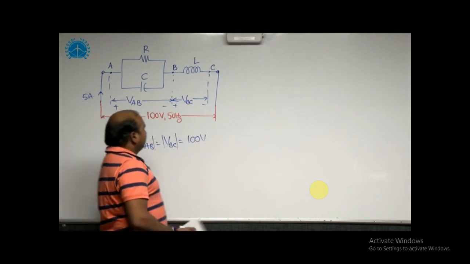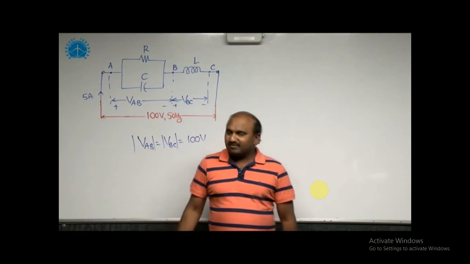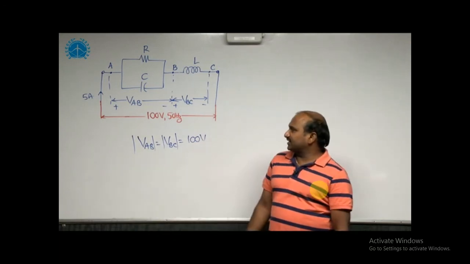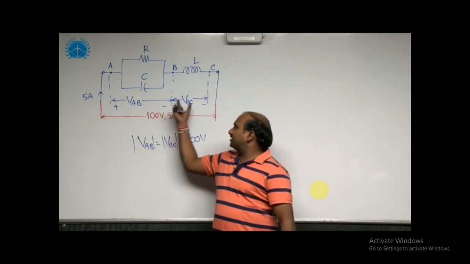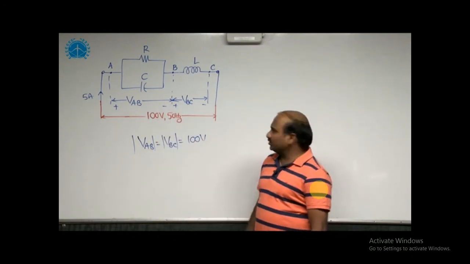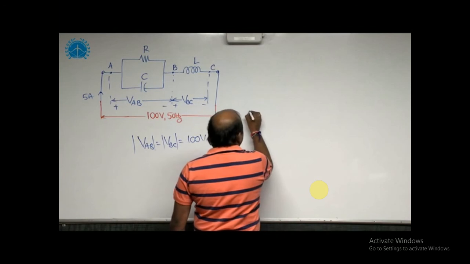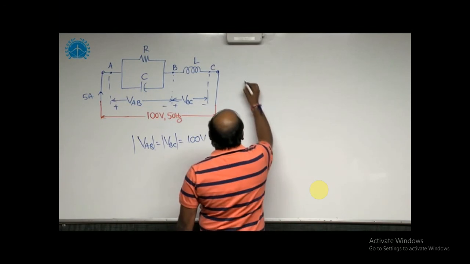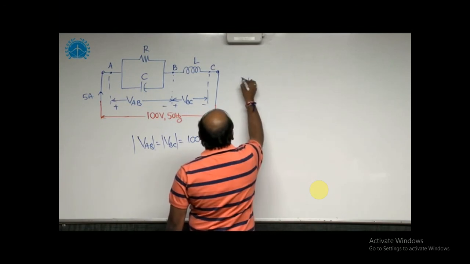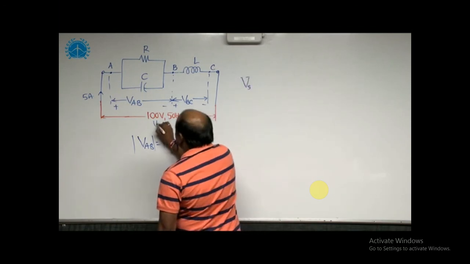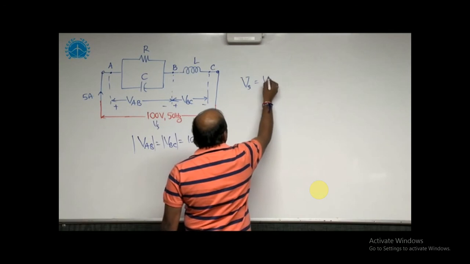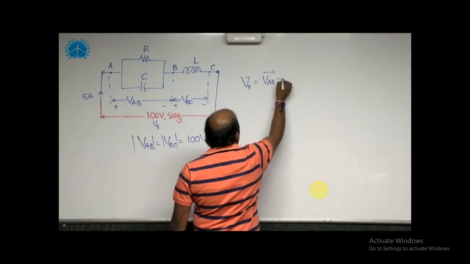Whenever it is AC voltage, we need to consider the vector sum of VAB and VBC as 100 volts. I would like to consider the total voltage as Vs, the vector sum of VAB and VBC.